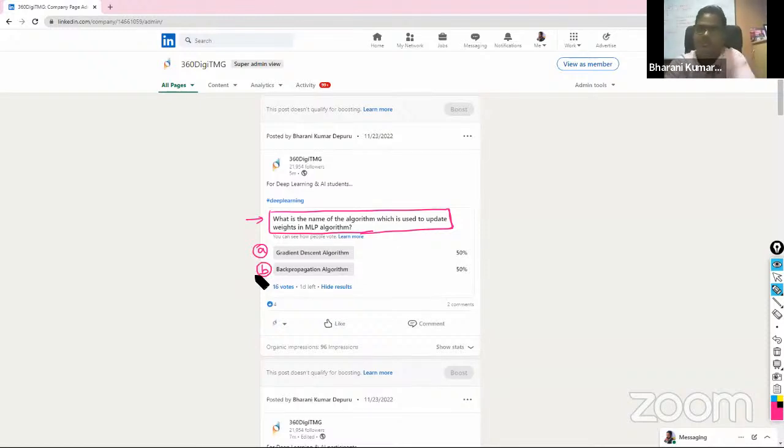You can use the chat window to answer. To update the weights. I repeat, not minimize the loss, to update the weights. Wow, a majority of y'all are saying it is B, and that is the right answer. Wonderful.